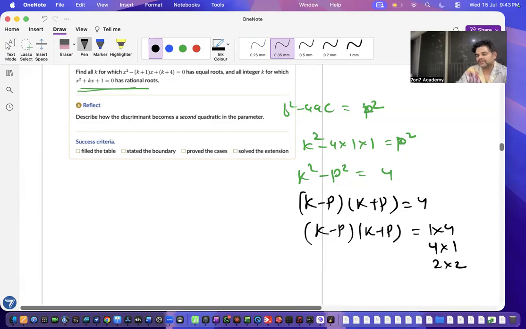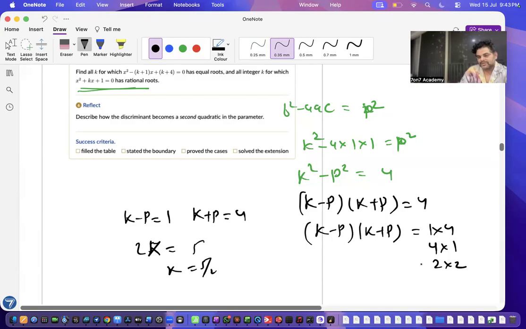If I take one condition, 1 into 4, so k minus p is equal to 1 and k plus p is equal to 4. If you add them, then 2k is equal to 5, k is equal to 5 by 2. If you take k equal to 5 by 2, then you will have integral roots.